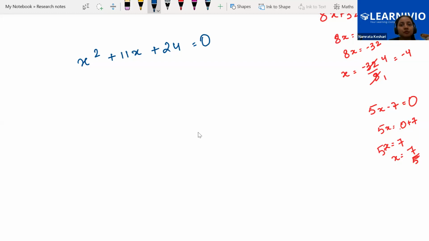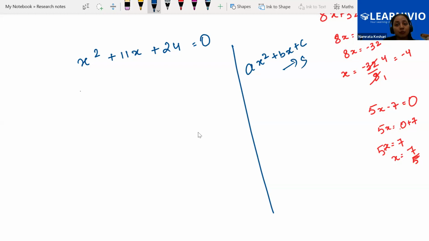What we have to do: the standard format of a quadratic polynomial is ax square plus bx plus c. If we compare it with this format, this is just the standard form. Like you can relate it to when you write any application or letter, there is a standard format, right?